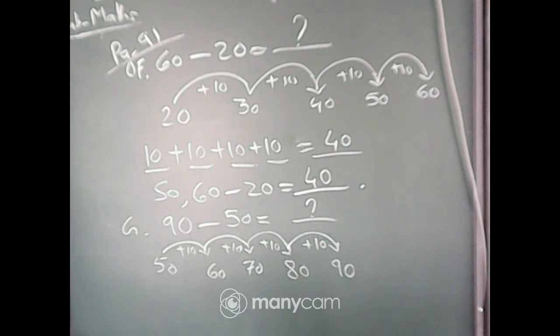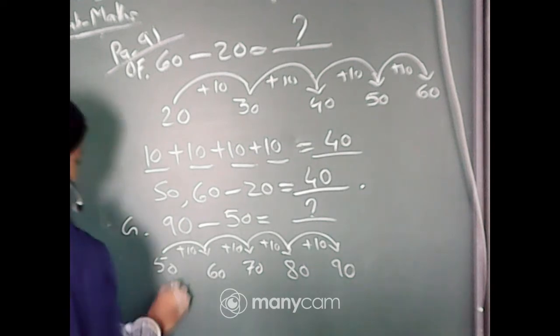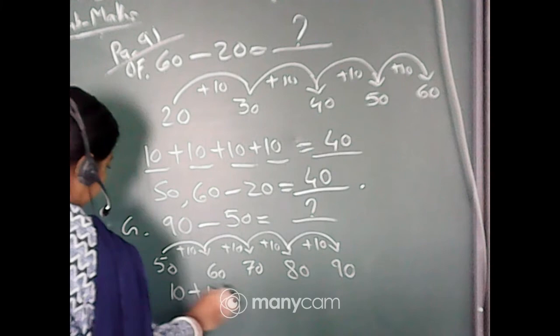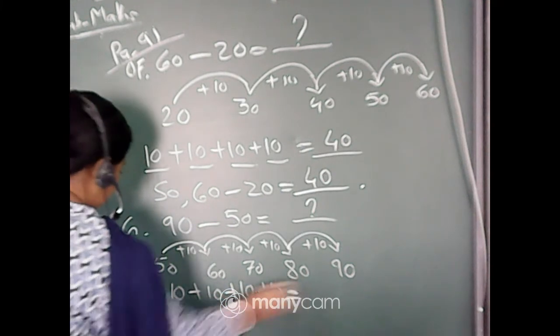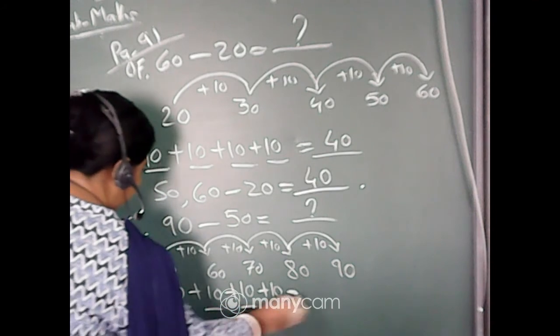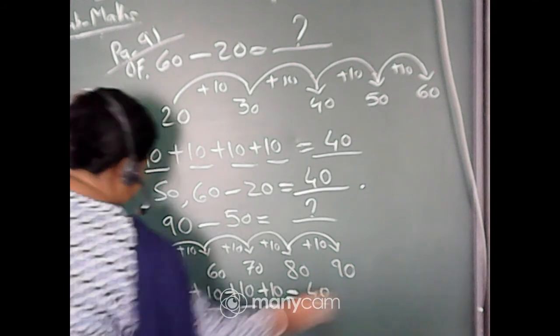Again the same thing: 10 plus 10 plus 10 plus 10 is equal to 40.